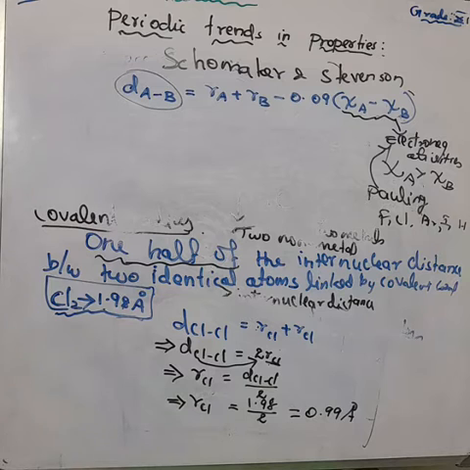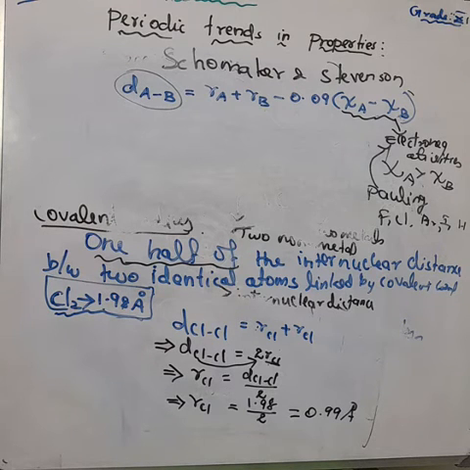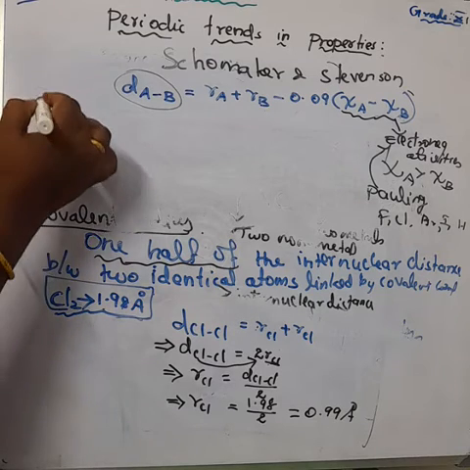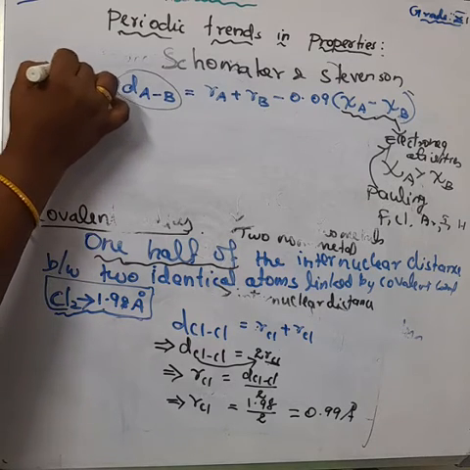According to the Pauling scale, we can substitute the electronegativity of chlorine, that is 3, and the electronegativity of hydrogen, that is 2.1. These are the two different values of electronegativity.